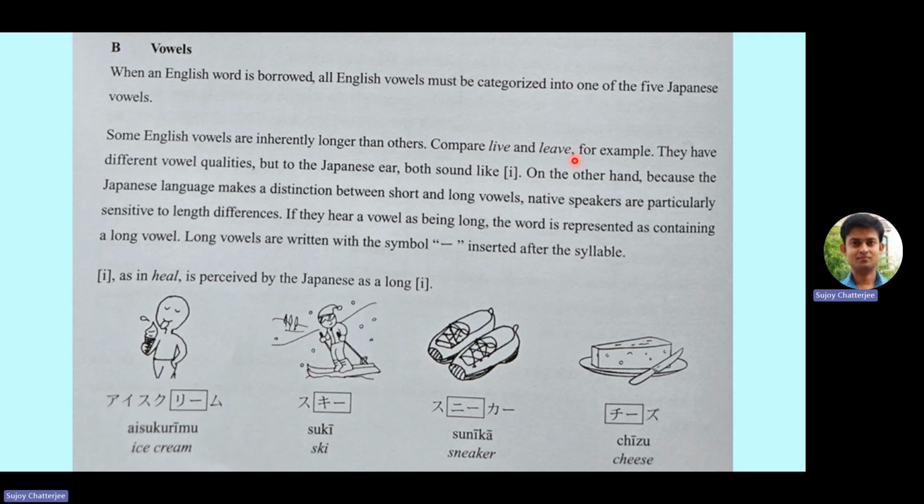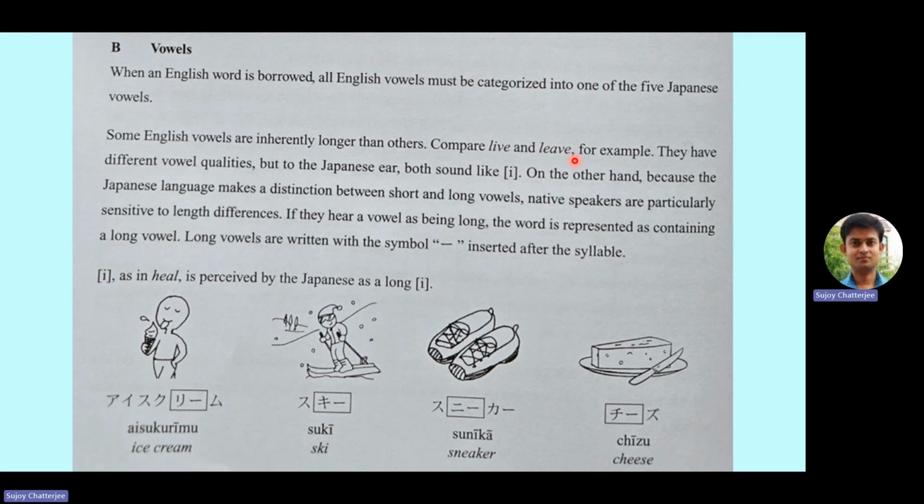But on the other hand, because the Japanese language makes a distinction between short and long vowels, native speakers are particularly sensitive to length differences. If they hear a vowel as being long, the word is represented as containing a long vowel. Long vowels are written with the symbol, a straight horizontal line inserted after the syllable.